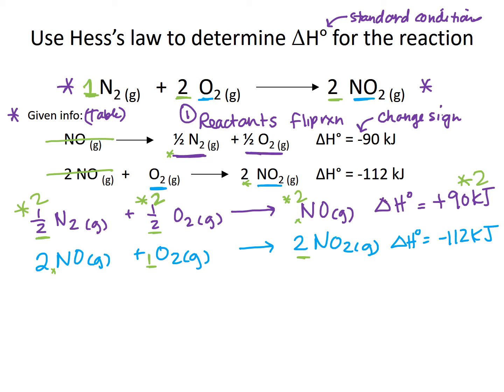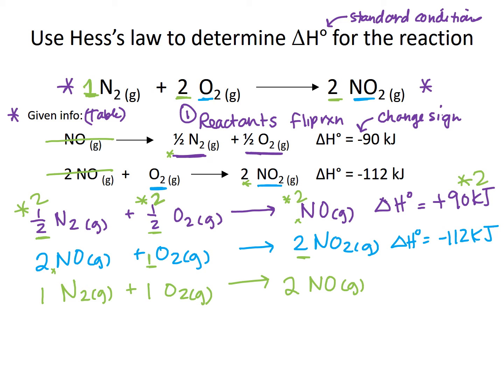So I'm going to write this new one down. 2 times 1/2 is 1 N2 gas plus 2 times 1/2 is 1 O2 gas reacts to form 2 moles of NO gas.